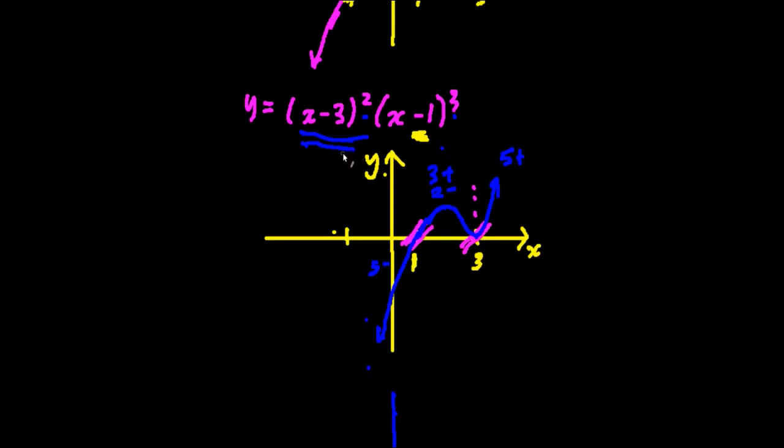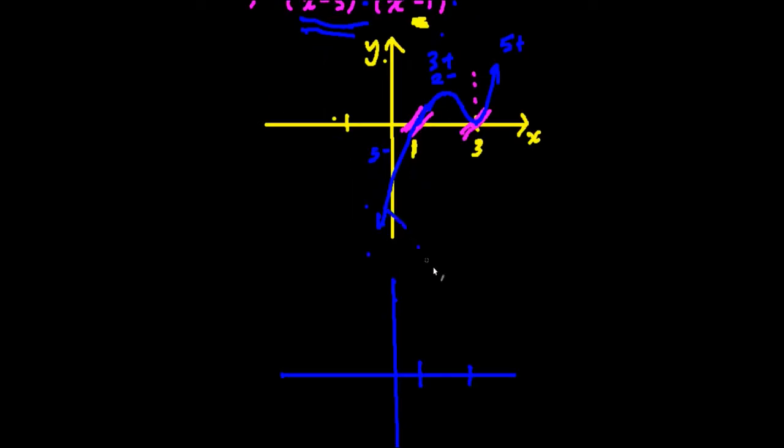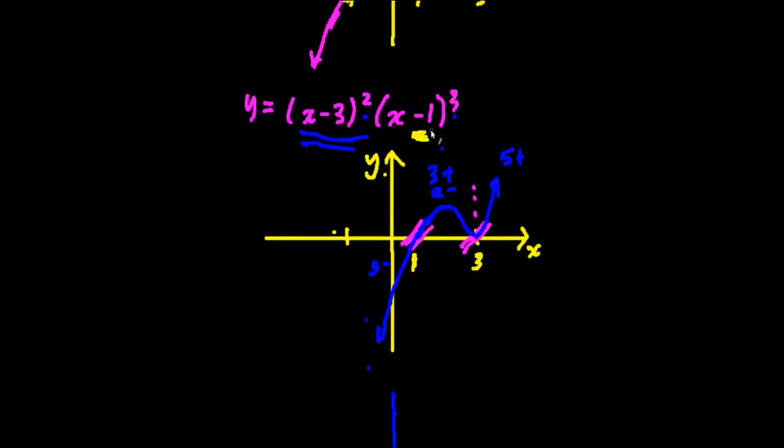So all I really care about is that it's simply going to go through that line, and that's the only thing that I care about. Okay, and then when I come here, I have x minus 1 cubed. So the only thing that I'm going to care about is the fact that it's an odd power. So rather than drawing 3 lines, I'm going to draw just 1 line, right?